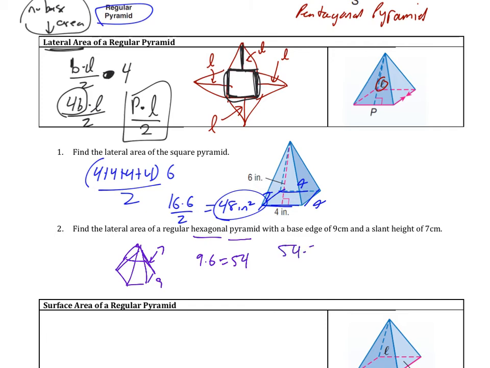Now I want to take 54 times 7 divided by 2. So again, perimeter is 9 times 6. Slant height is going to be 7. So I'm going to multiply those together, divide by 2, and I get 189 centimeters squared.